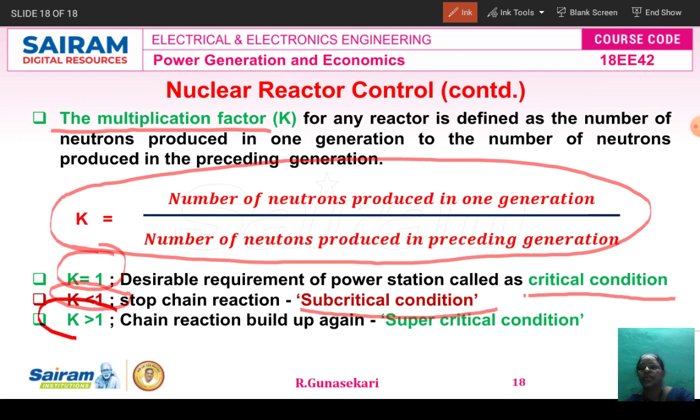Suppose K is greater than 1, the nuclear chain reaction builds up again, that is the supercritical condition. So based on the multiplication factor K value, three conditions occur in nuclear reactor control: one is the critical condition, the second is the subcritical condition, and the third is the supercritical condition.